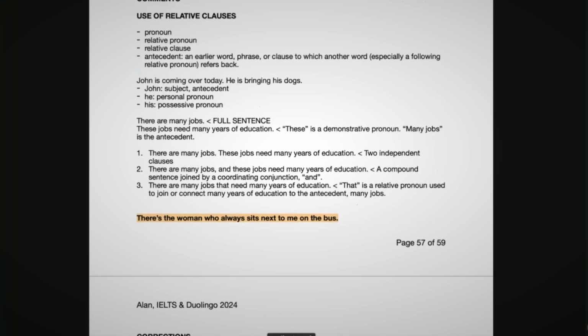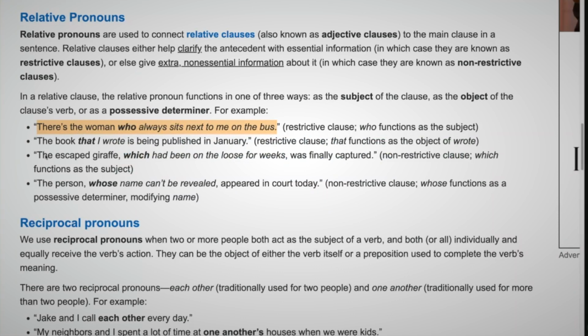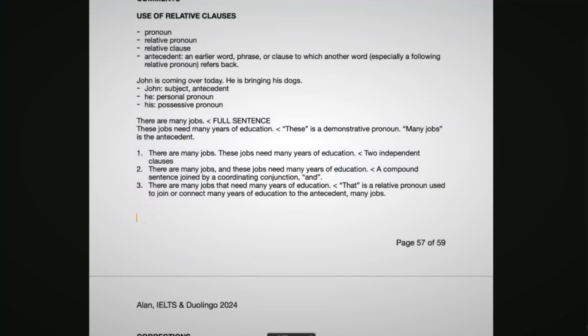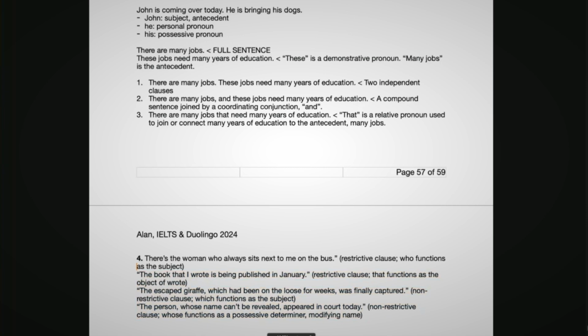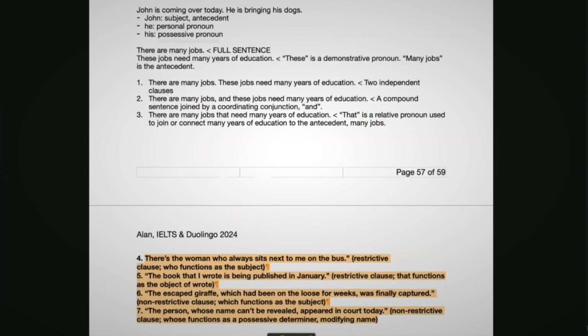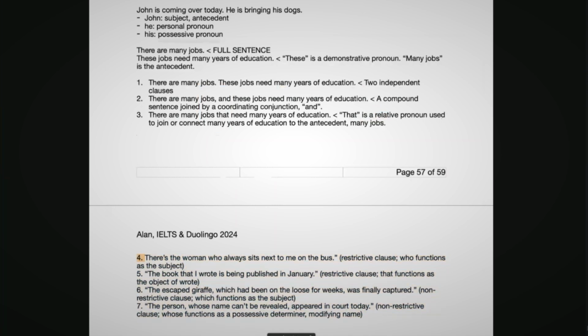There's a woman who always sits next to me on the bus. We're definitely going to have to look at a writing book at some point that explains this in greater detail.